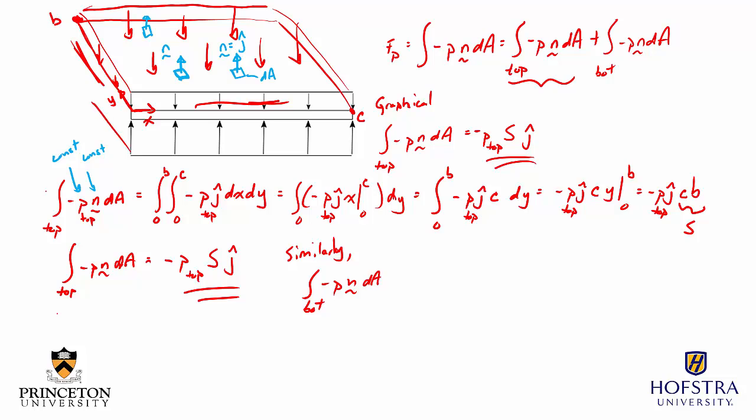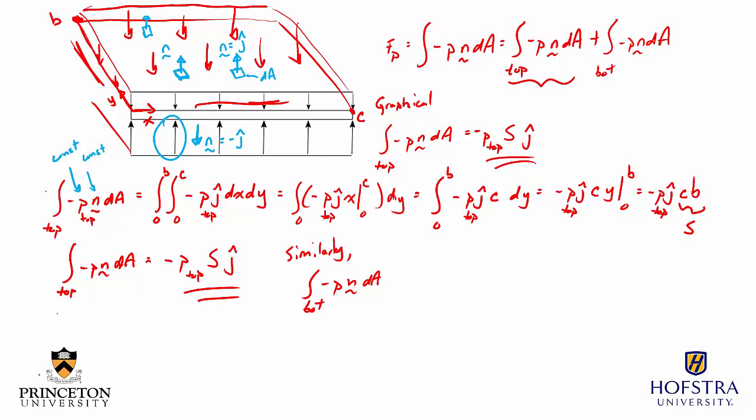If we look at the bottom surface, the only real difference is the outward normal, perpendicular and away from the surface. For the bottom surface, n is pointed down, with a value of minus j. That minus sign cancels with the minus sign in my definition and gives me a force in the positive direction, pointed vertically up, which we also know by looking at these vector arrows pointed up.